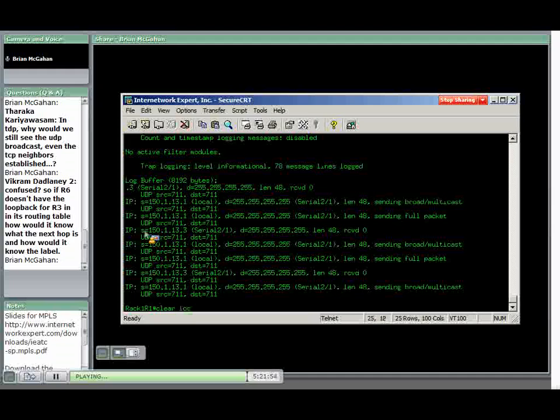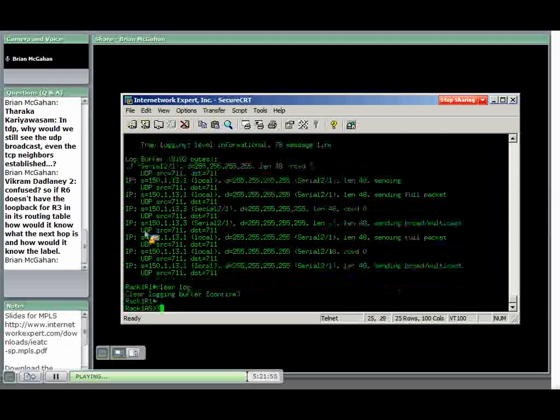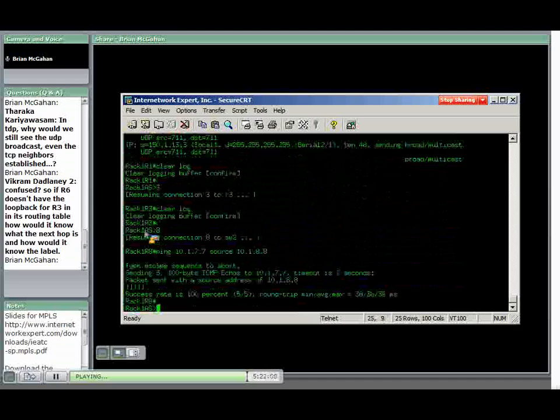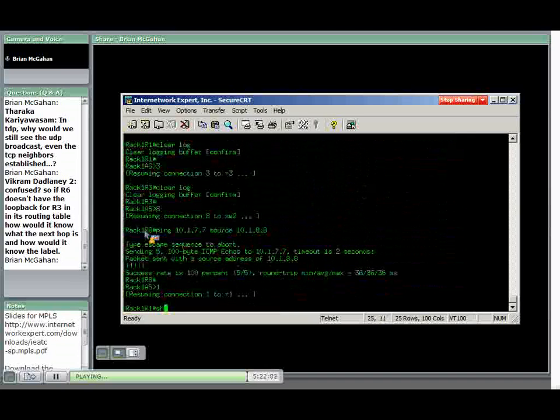Okay, so now everyone is debugging the MPLS packets to their buffer. So we'll go to router 8, and we'll send the traffic into the network.